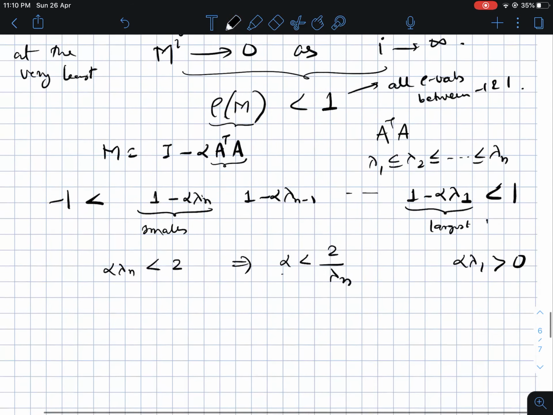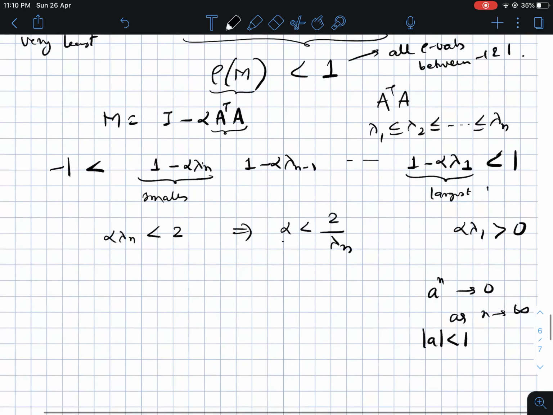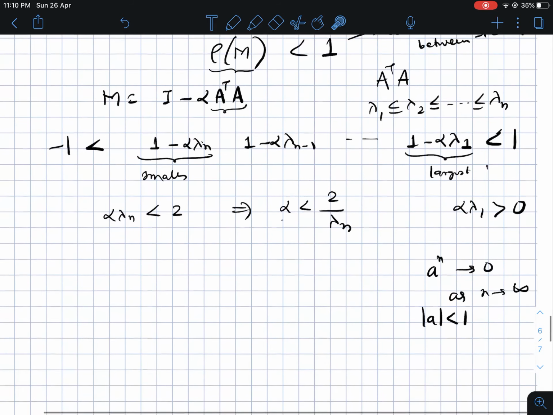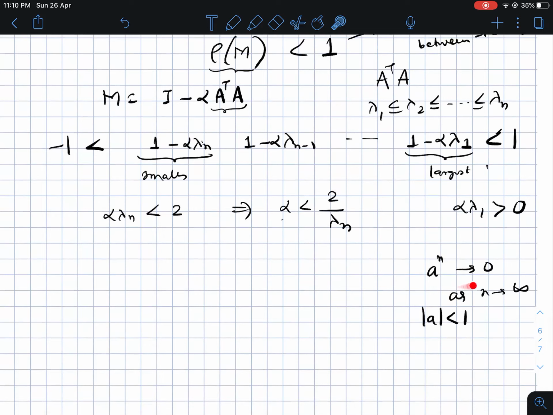Just like when you have a to the power of n goes to 0 as n goes to infinity, right? This is true when a is between -1 and 1. Just like spectral radius. The rate of convergence will be very fast if a is close to 0.